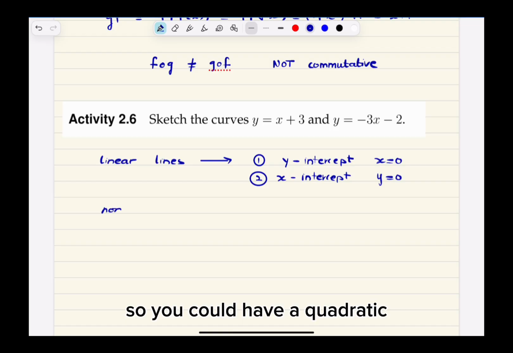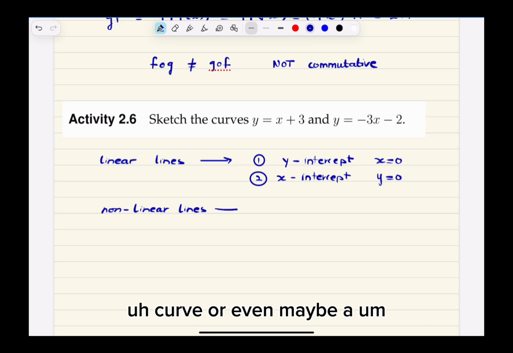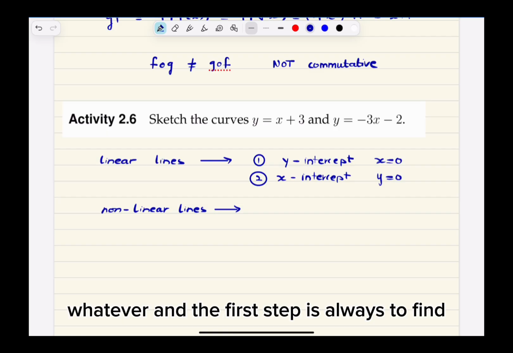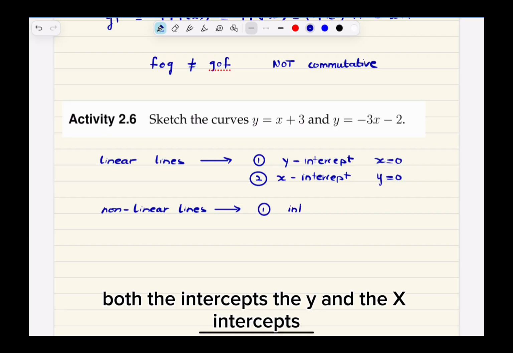You could have a quadratic curve, or even a polynomial of a higher order, for instance order 3, order 4, whatever. The first step is always to find both the intercepts, the y and the x intercepts.